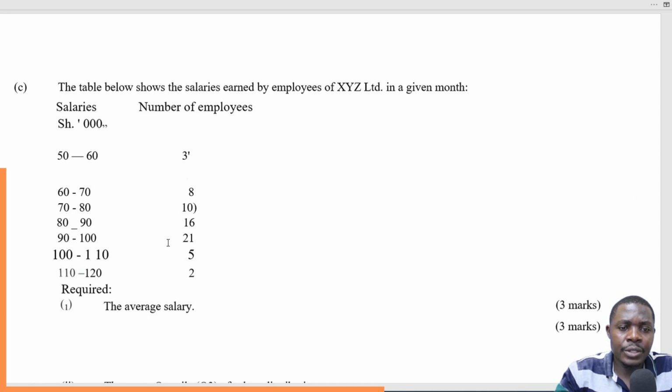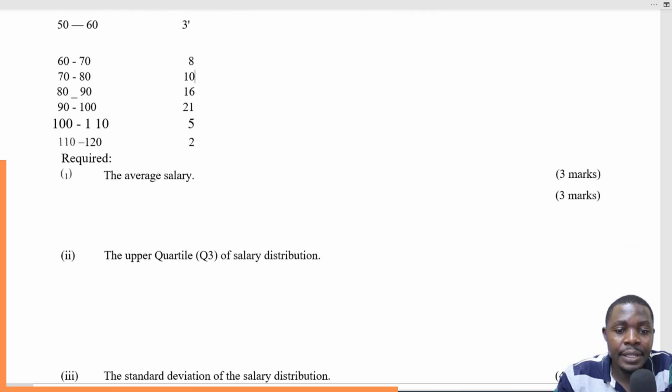For 90 to 100 is 21. Then 100 to 110, 5. And 110 to 120.